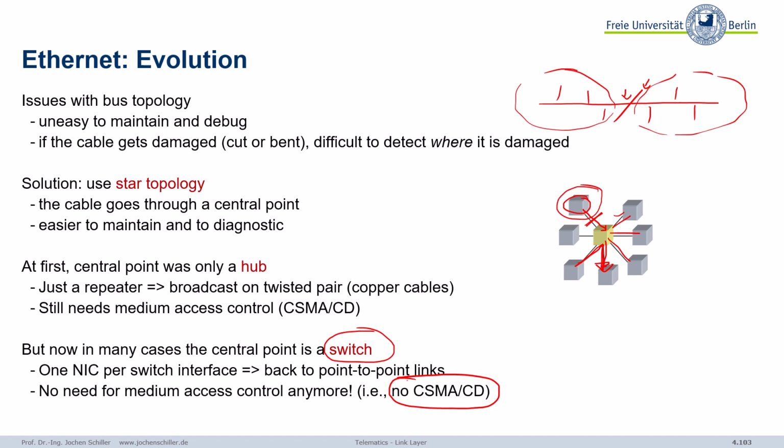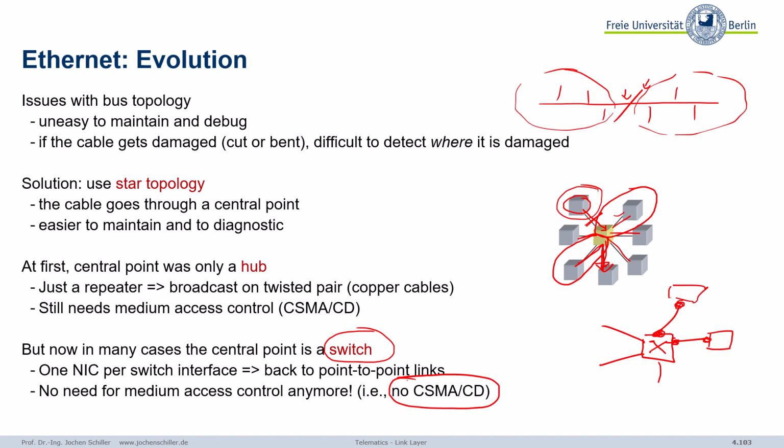Because in the end, we have many point-to-point systems. The computer connecting to the central element has a cable, and you handle between this central element and all the other computers connected to it in a way that you have many point-to-point connections. Many of them. And if you have many point-to-point connections, there are no collisions anymore.